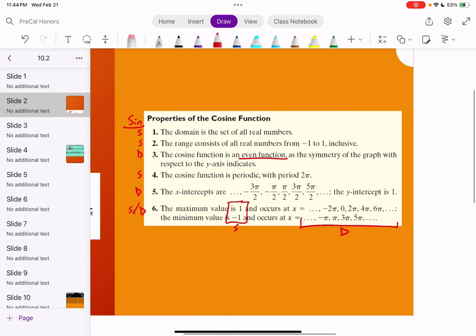Now, in point 6, we can see that the maximum value and minimum value, yes, they are the same, but the difference would occur at where they are occurring. Notice it's still occurring from -infinity to +infinity, but the numbers at which they are occurring would be slightly different.